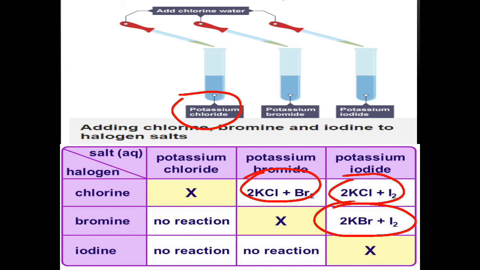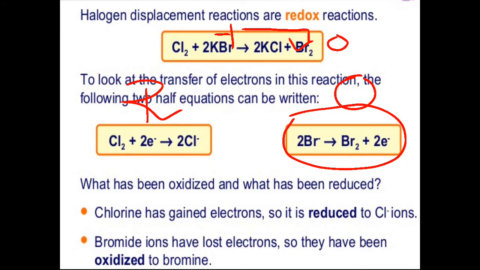So you just try to practice 3 chemical equations for these displacement reactions, and not only the chemical reactions, you also try to highlight the reduction and oxidation, and you should be able to predict the color change of this chemical reaction.